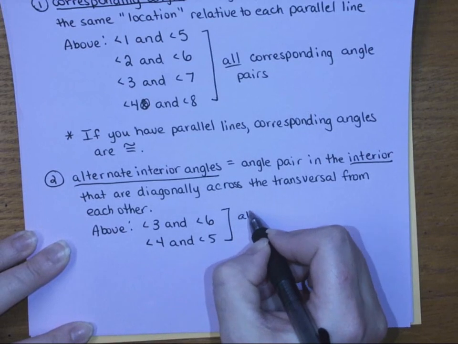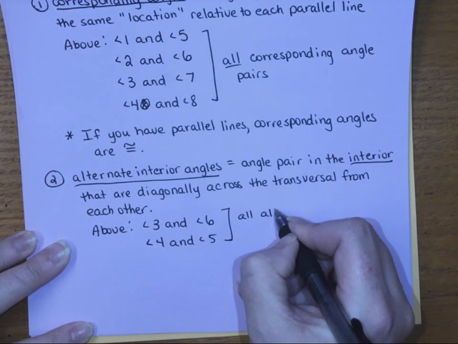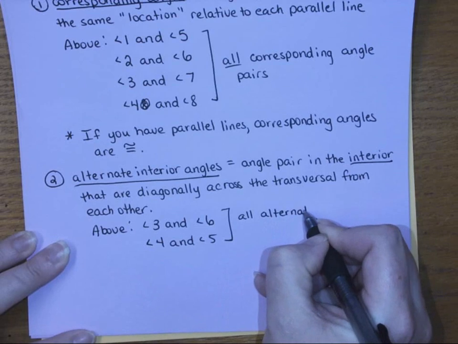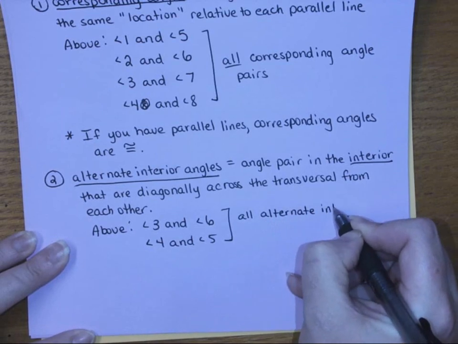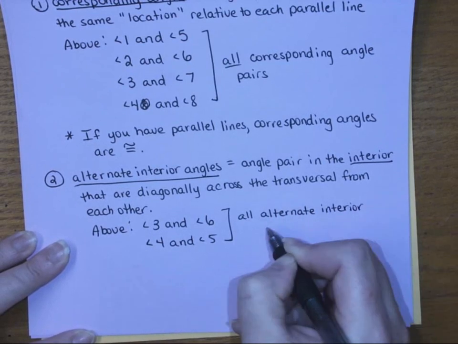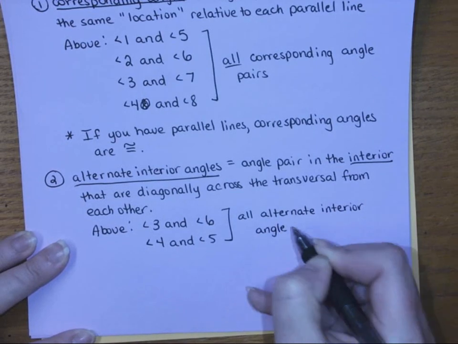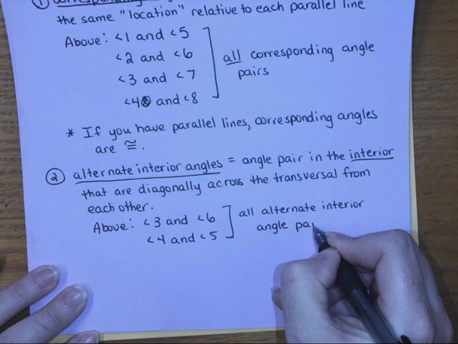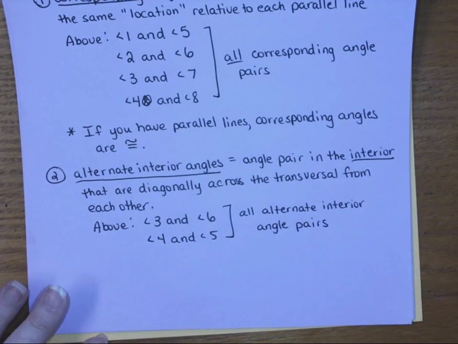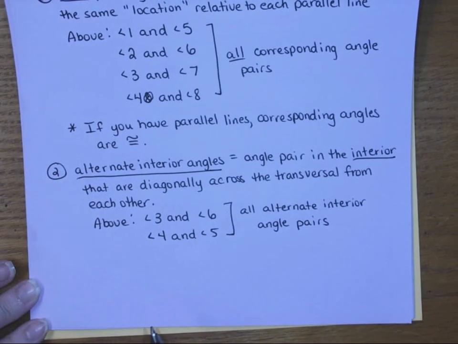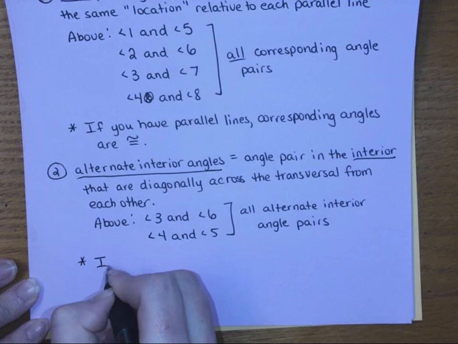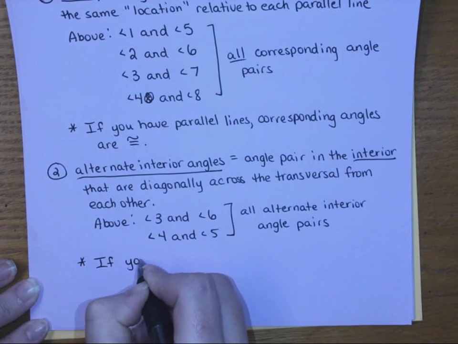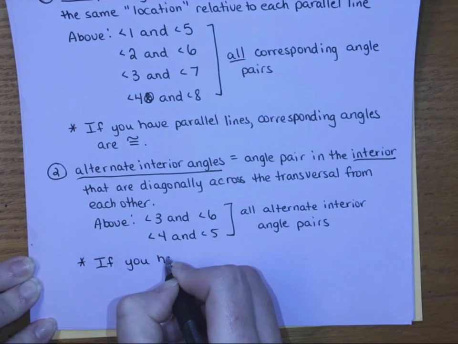Okay, these are all alternate interior angle pairs. Notice the name tells you, it's telling you to alternate sides, and it's telling you that they're on the interior. Okay, it turns out that if you have parallel lines, these are congruent as well.